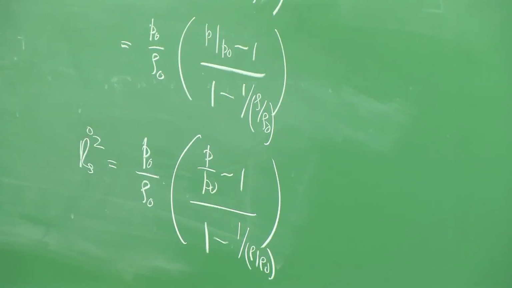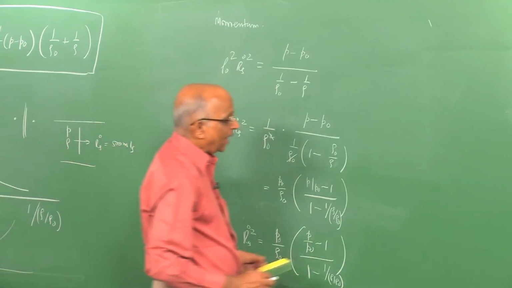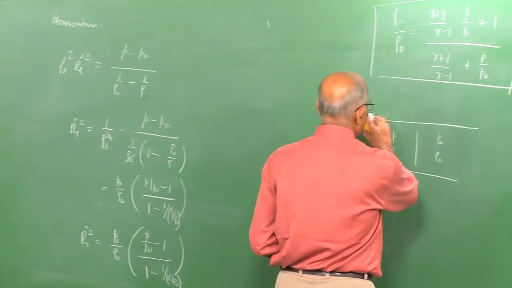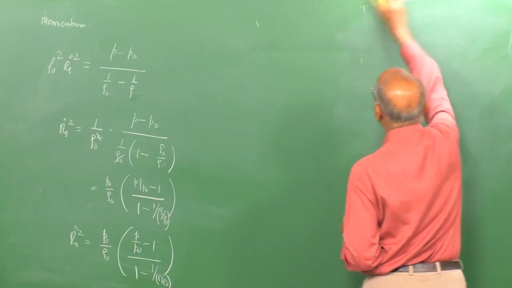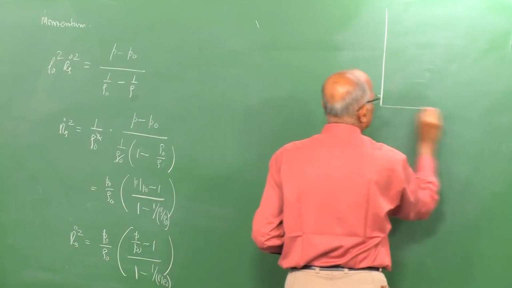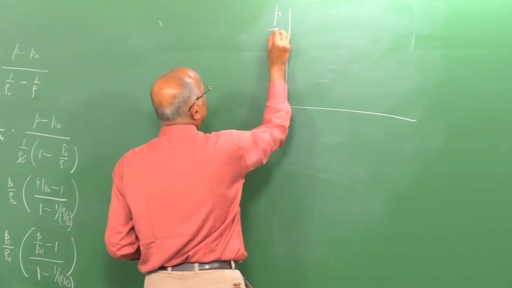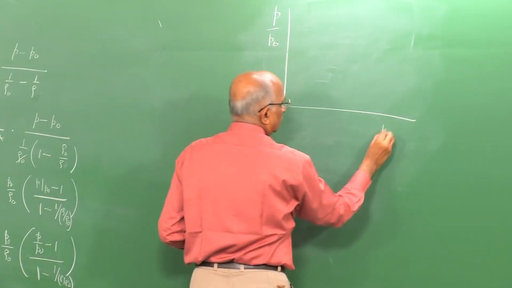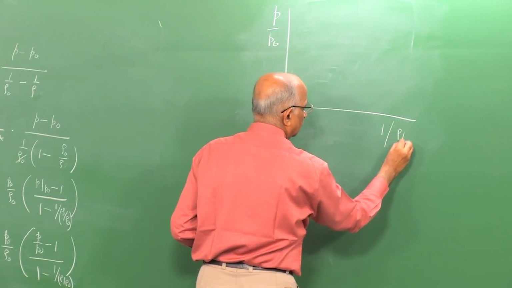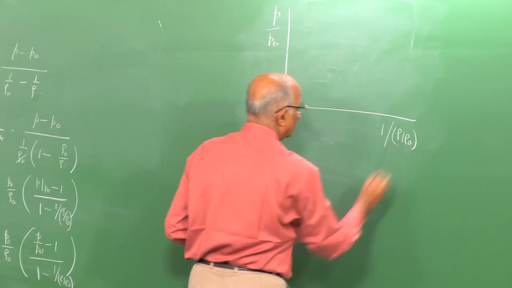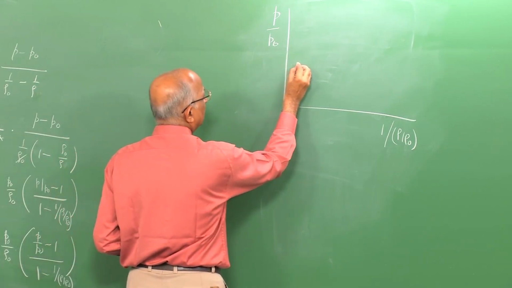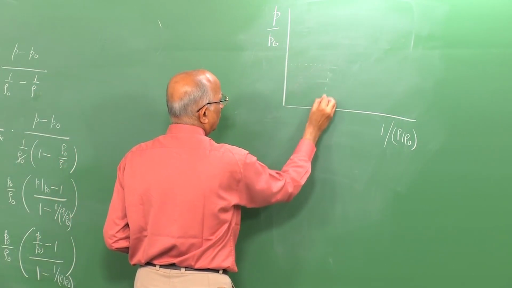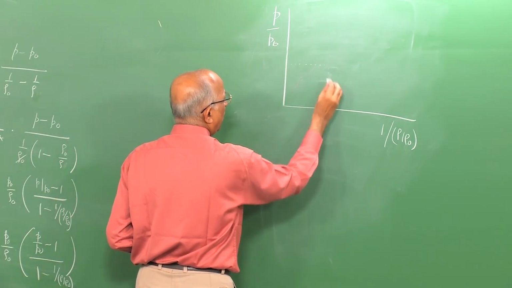Let us take a look from the plot. Again I have to plot the value, I have to put the ordinates and the abscissa. Let us put it down. Let us say that the initial point is here, P 0, rho 0, this is point 1.